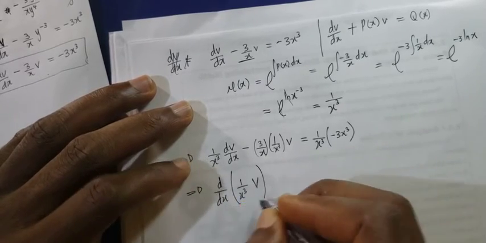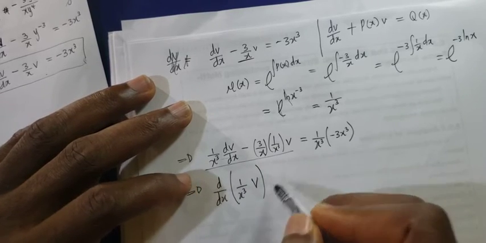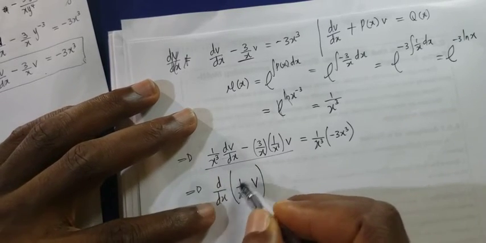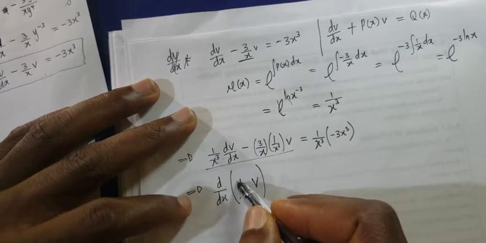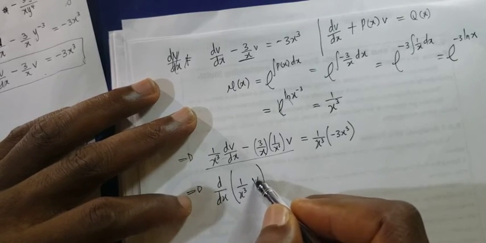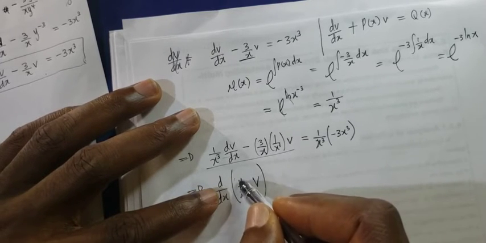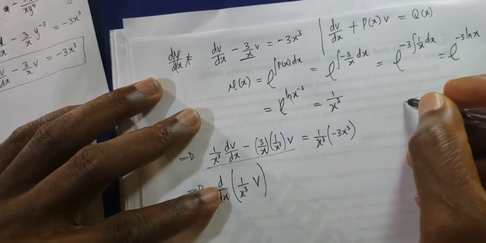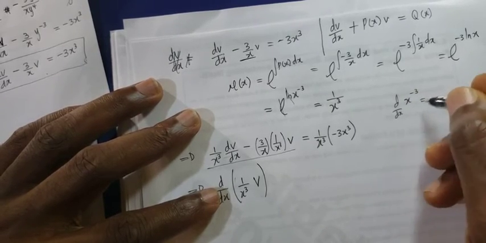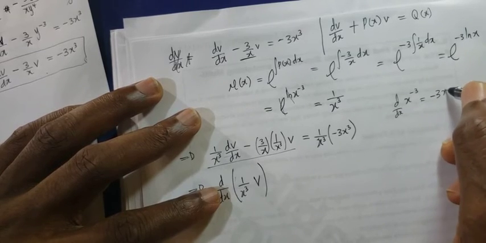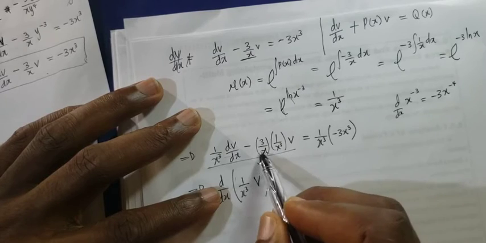You see that that is what you have here, this entire thing. If you want to check that, this is a product of two functions, so you can differentiate this while keeping this constant. If you differentiate x raised to the power minus 3 with respect to x, it will be equal to minus 3 x raised to the power minus 4, which is exactly what you have here.